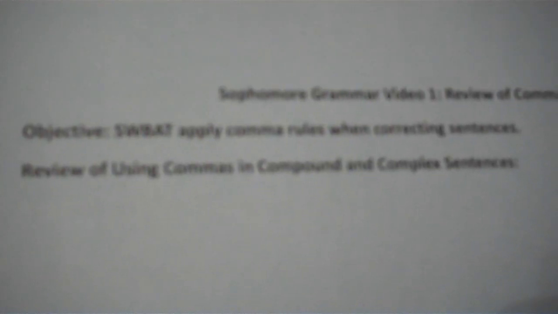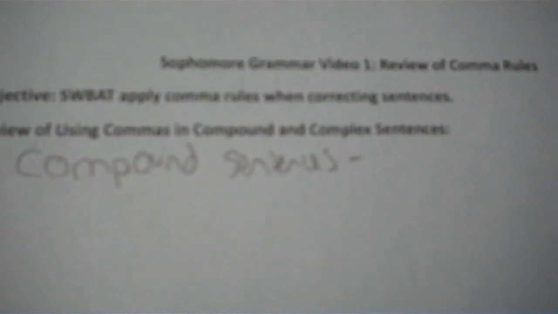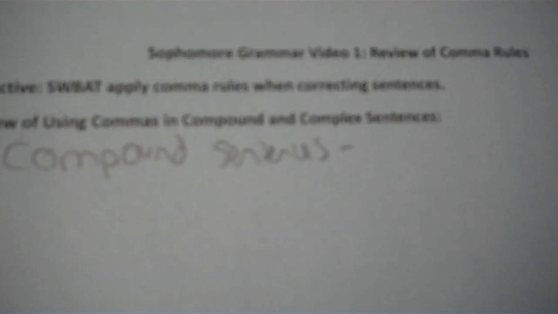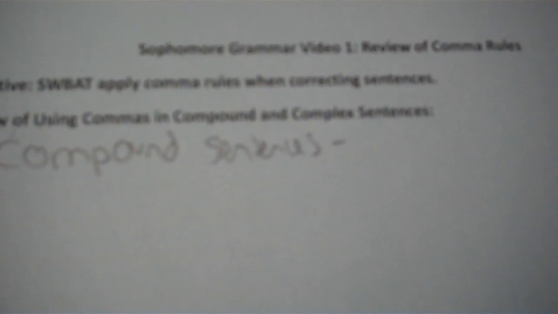All right, so first of all, compound sentences is where you have two independent clauses connected with a coordinating conjunction. So those conjunctions are and, nor, or, but, so, yet. All right, so write that down. So you have an independent clause, and then you have a comma and a conjunction.